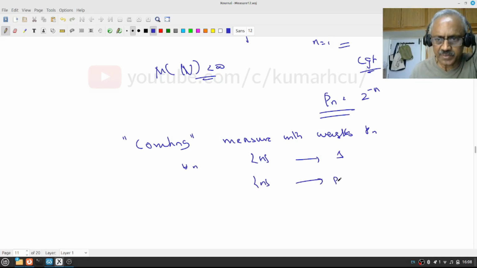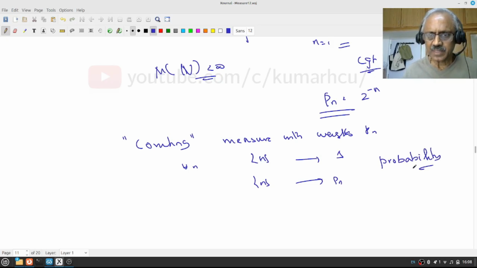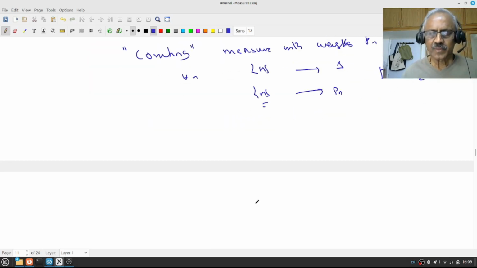The weight is p_n. This p_n stands for probability. If you have some idea about probability, that means the probability of the singleton {n} is p_n. If you don't understand, forget it. This is good enough for us.